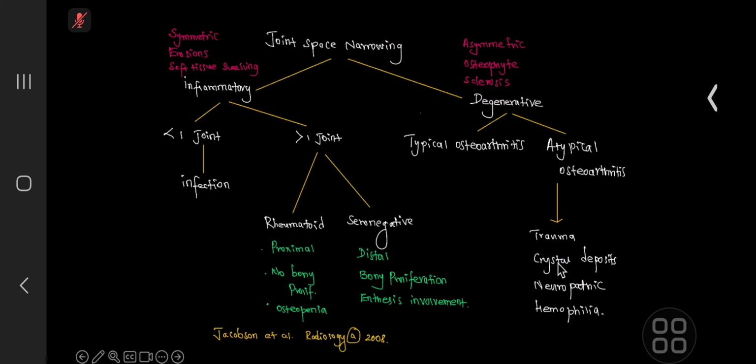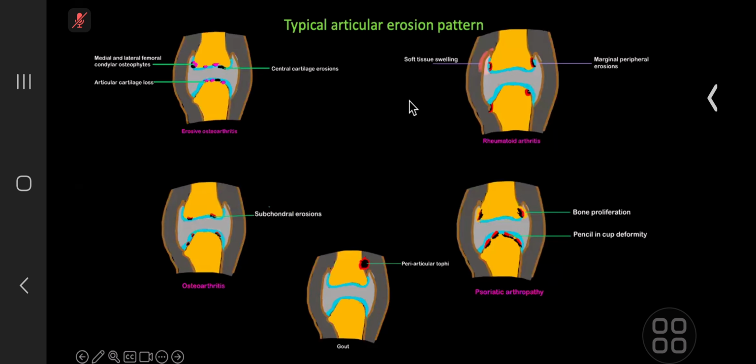Other differentials are crystal deposits, neuropathic, and hemophilia. So these are the classic examples where there is typical articular erosion patterns. The first on your left is erosive osteoarthritis. You will see both medial and lateral condylar osteophytes.